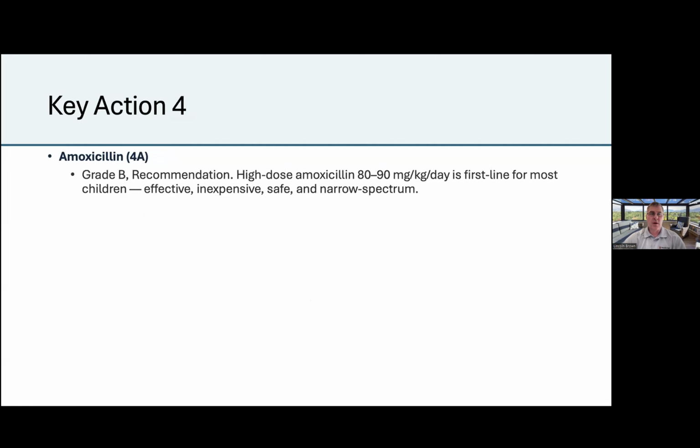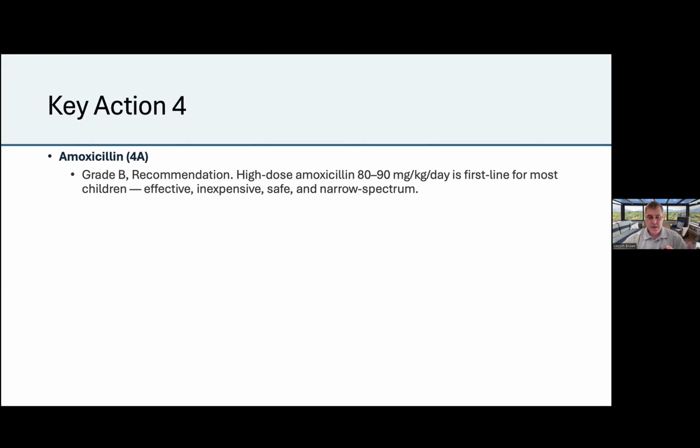Key action number 4, the second most important slide in this whole deck, if you forget everything else. What are we prescribing to the ones that we have said have acute otitis media? The recommendation: amoxicillin. High dose amoxicillin is the first line.